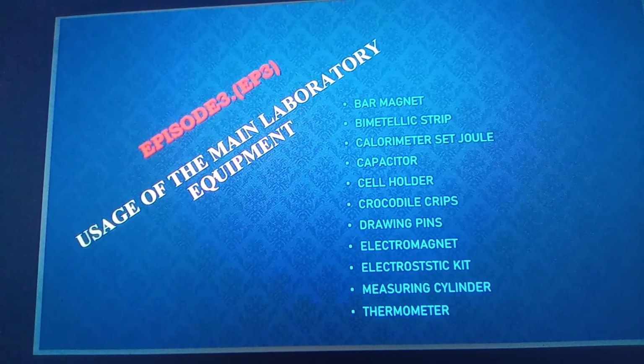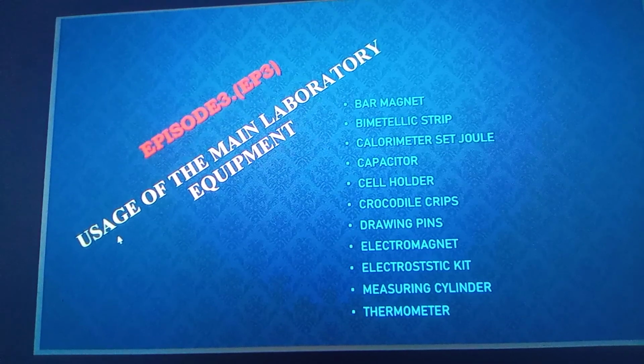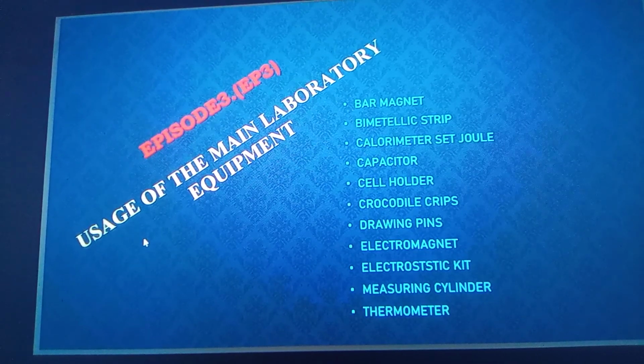This is episode number 3 of seeing the usage of the main laboratory equipment.